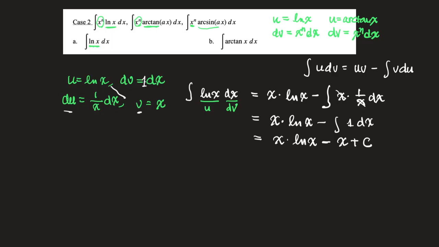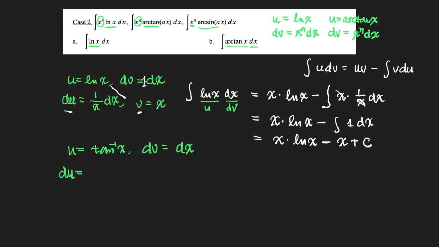Okay, let's try the second part, guys. Look at this arctangent x, same idea, right? So I'm going to put u to be arctangent x, and dv is the same thing, dx, the only thing left.